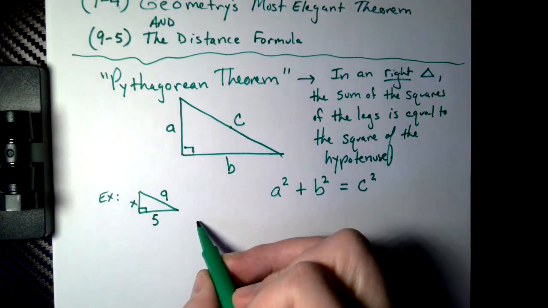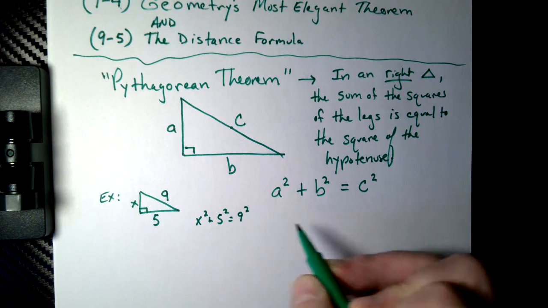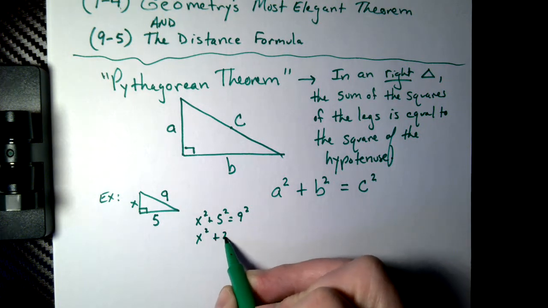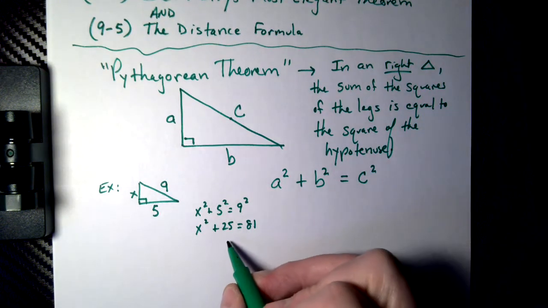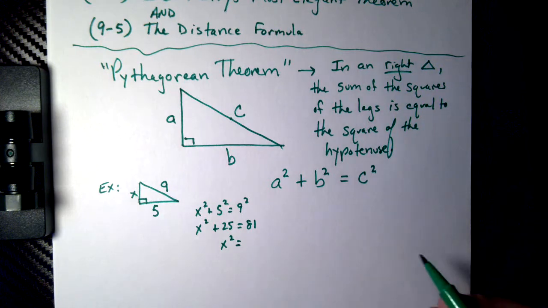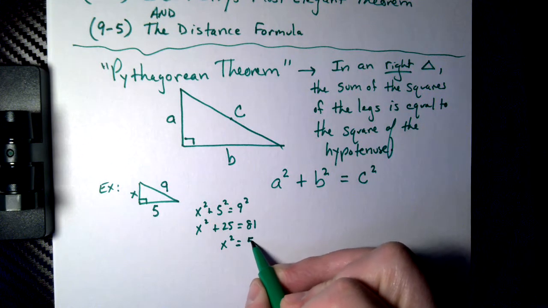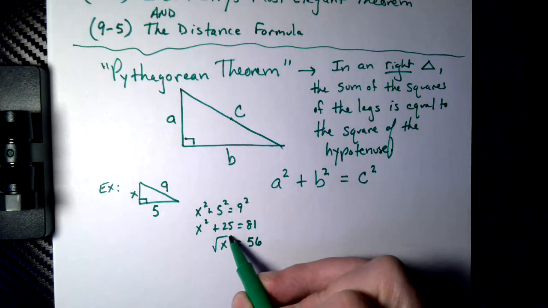Then I would say, x squared plus 5 squared is equal to 9 squared. x squared plus 25 is equal to 81. Subtract 25, and I get x squared is equal to 56. Now we square root it.